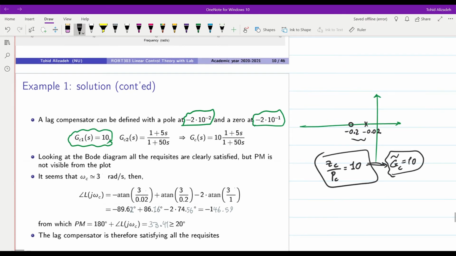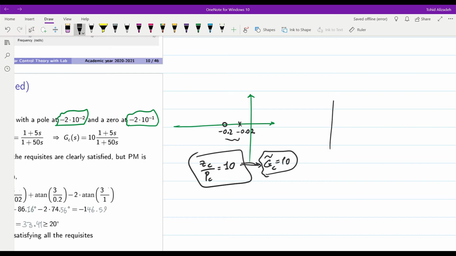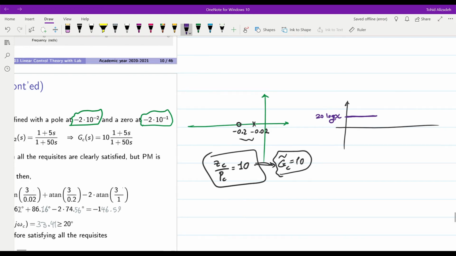If you go back and check the video that we have on the properties of the lag compensator, over there we had the low frequency amplitude equal to 20 logarithm of alpha.